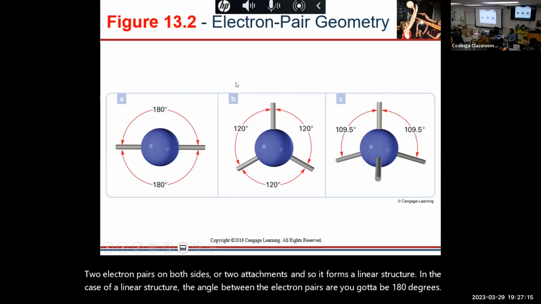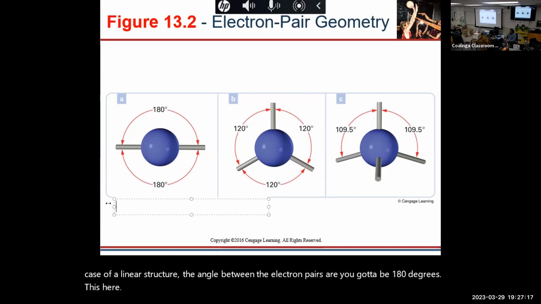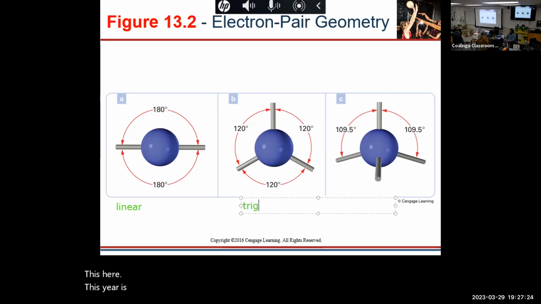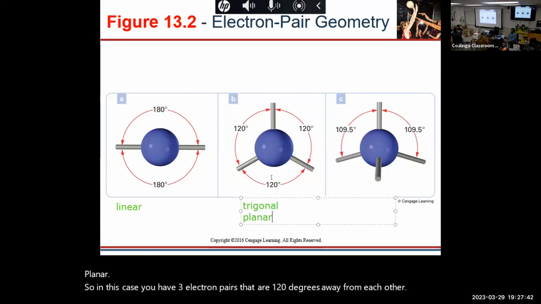This here is trigonal planar. In this case, you have three electron pairs that are 120 degrees away from each other. And this last one is tetrahedral.